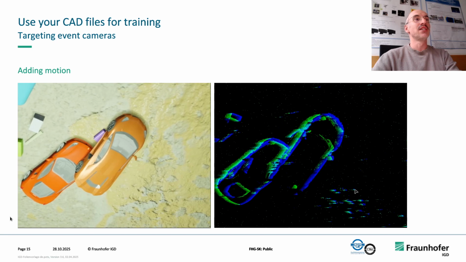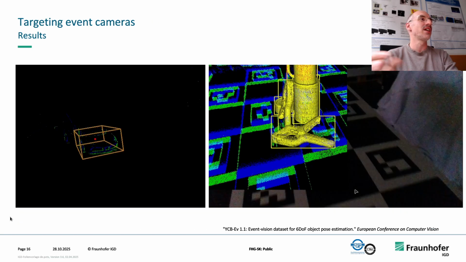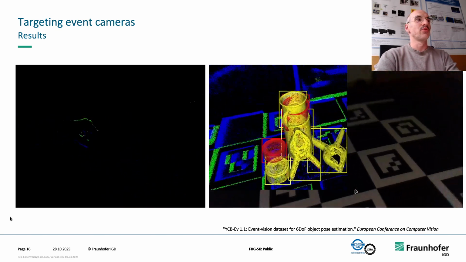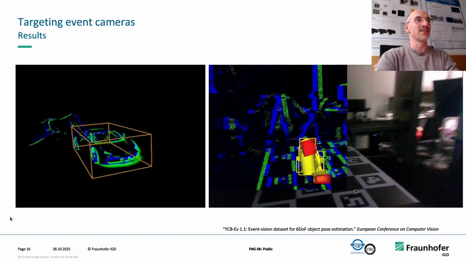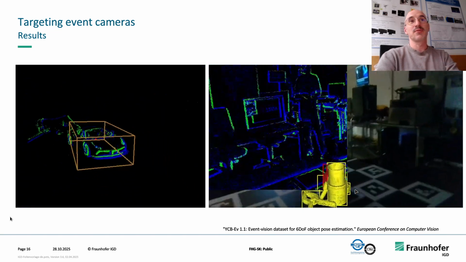And as we did with the synthetic RGB frames, we also did an experiment on whether the event frames are realistic enough. And you can see the results on the left-hand side, where we tested it with a real car, but unfortunately it was only a toy car. But as you can see, it was close enough to be detected.